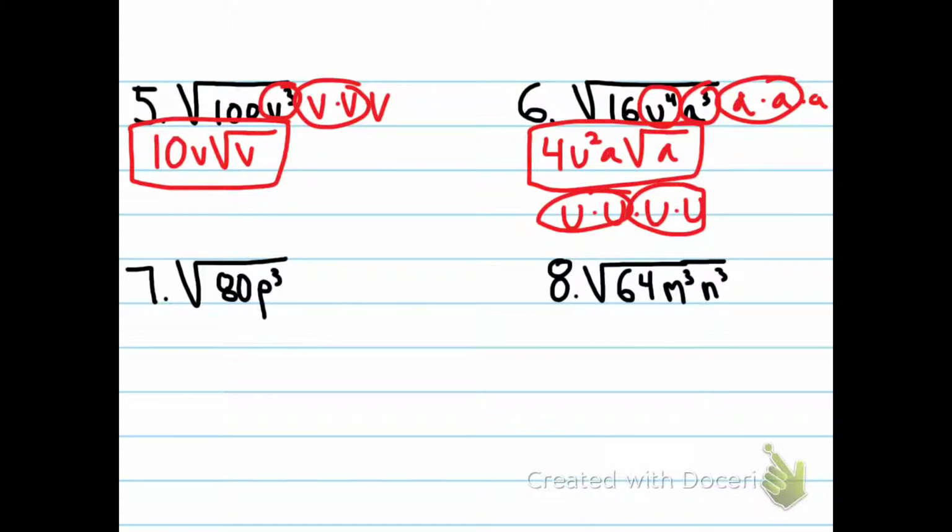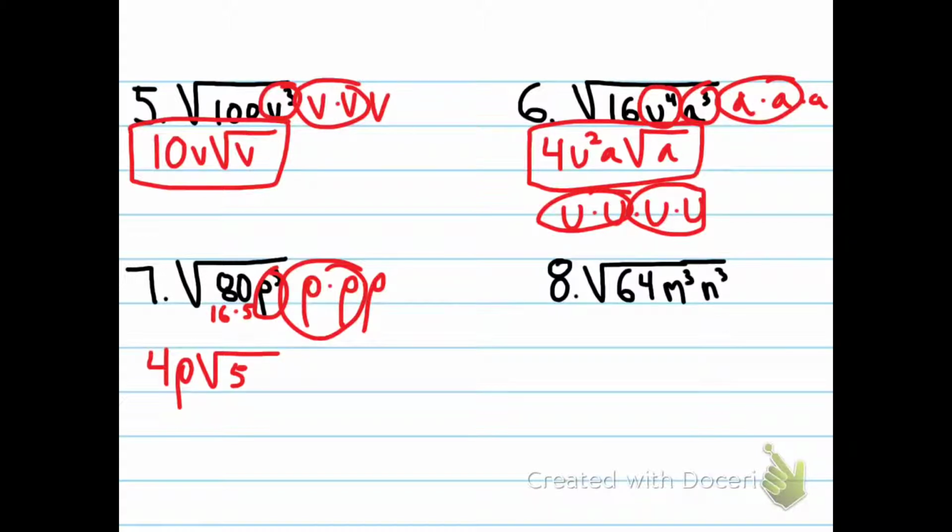So for number 7, 2 factors are 16 and then 5, and the square root of 16 is 4. And then we have 3 p's. So 1, 2, 3. So we have one pair, so we put a p on the outside. And then 5p is what's left on the inside.